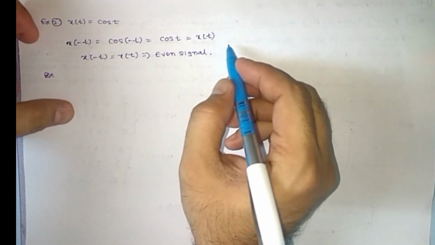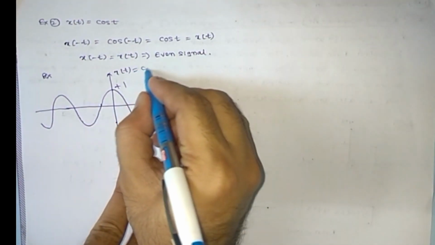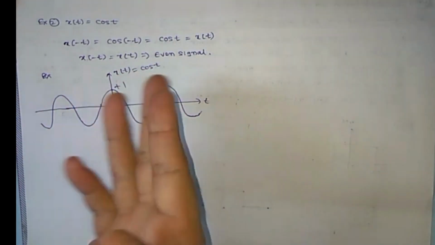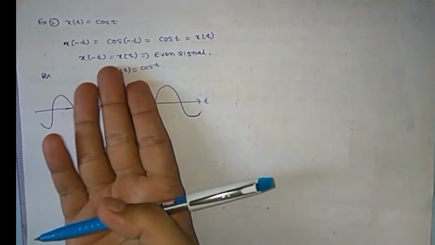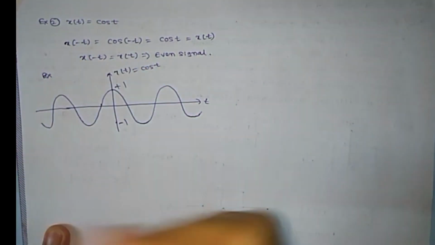Let us see this graphically. So this signal is the cos t signal, right? If this signal rotates with respect to the y-axis, you bring this side here and this side there, just rotating the signal.